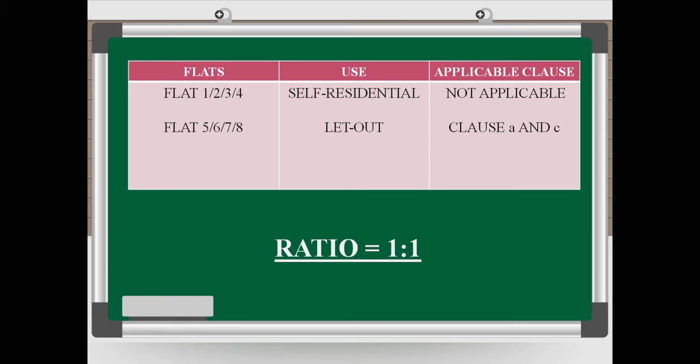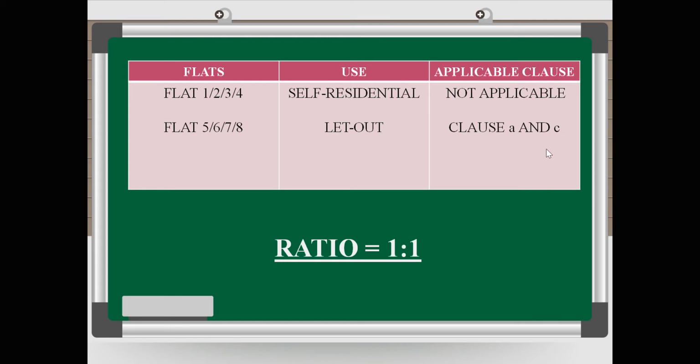You can see flat 1, 2, 3, 4 self-residential. As far as gross value is concerned, no clause is applicable, right? Not applicable. No A, B or C. Flat 5, 6, 7, 8, these four flats are let out. And for them, we will apply A and C.